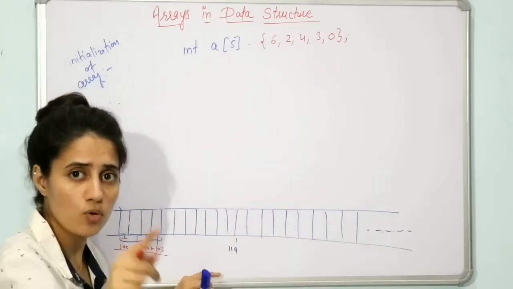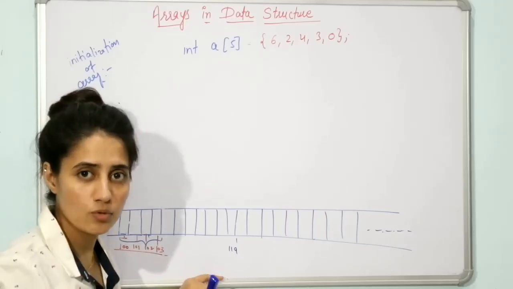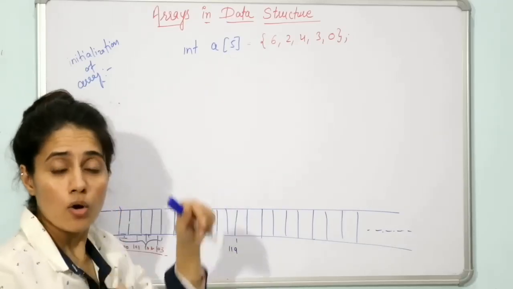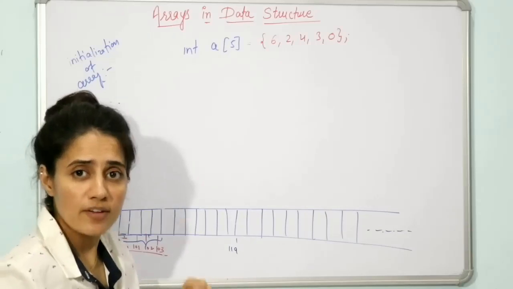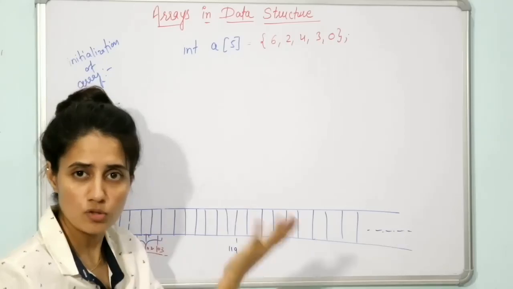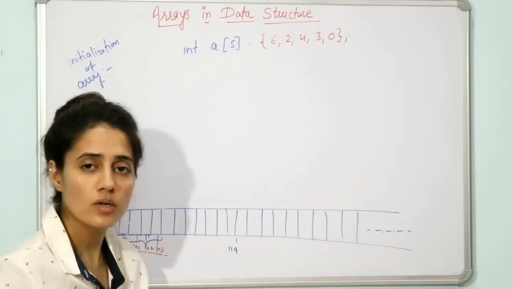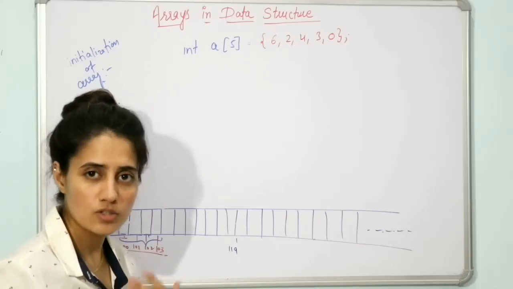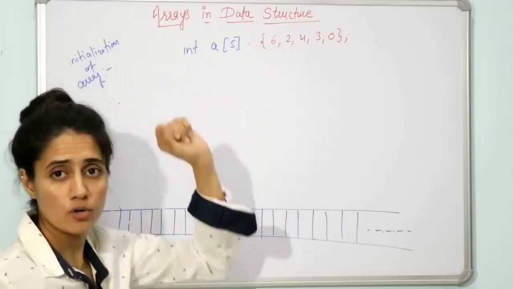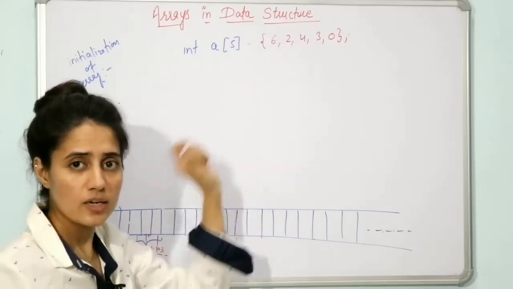If you write 6, 7 or more than 5 elements, then it will give a compile time error. You cannot exceed this limit. Although you can specify less than 5 elements. If I specify here only 6 and 2, that is also fine. The remaining 4 positions, what will it store? 0. It will be initialized with 0. But more than 5 you cannot write here. So this is compile time initialization.